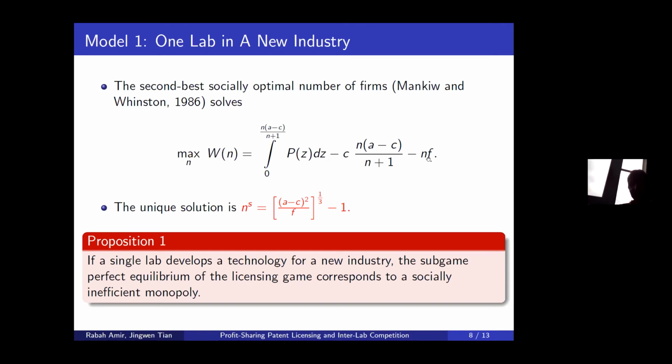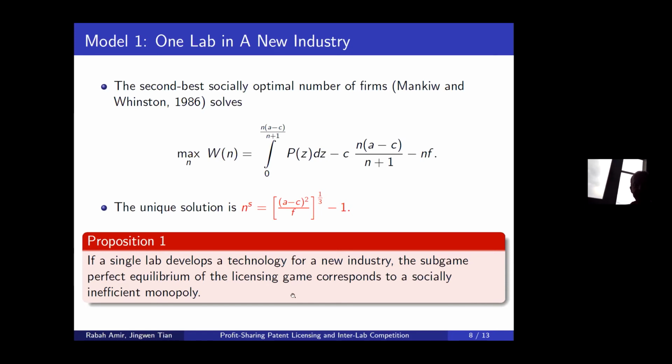Sorry for the different notation, but in the usual Cournot model, the fixed cost of entry is F. So this F is our K. And as in Mankiw and Whinston, when demand is linear and production costs are linear, this is the socially optimal number of firms.